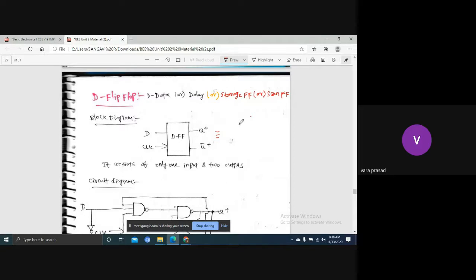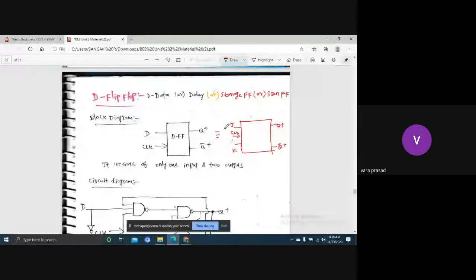If we have a JK flip-flop, I can draw it like this also. This is a D. First I draw the JK flip-flop. This is J, this is K. Here we have the clock, and here Q plus, Q bar plus.